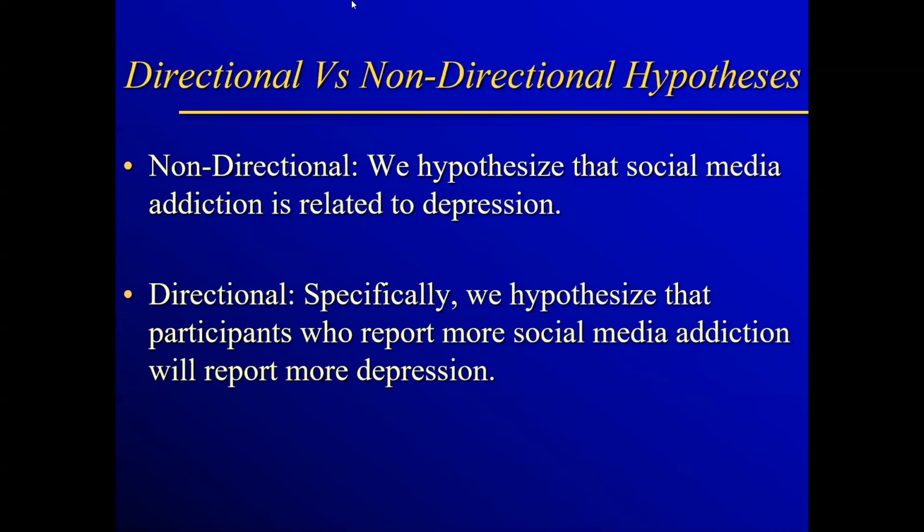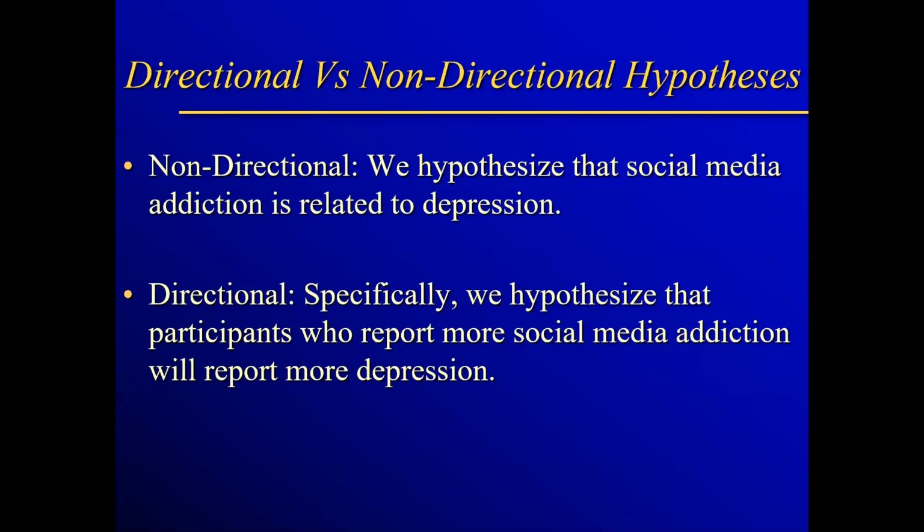So all of you have made both non-directional and directional hypotheses for your study, right? You said, hey, we think that exercise is related to self-esteem. And then you go on to be more specific in the sentence right after that, and you give a directional hypothesis. And you say, specifically, we hypothesize that participants who report more exercise will report more self-esteem.